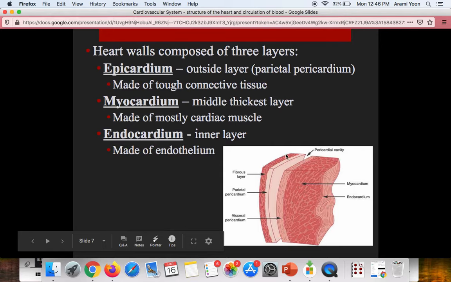External to that, you have a double layer of pericardium, and sandwiched in between is the serous fluid that cushions the heart. Whether you call this outer layer epicardium or pericardium, I don't really care. In my class, we're mainly going to be calling it pericardium, even if your book uses the word epicardium.